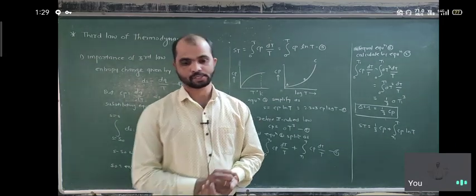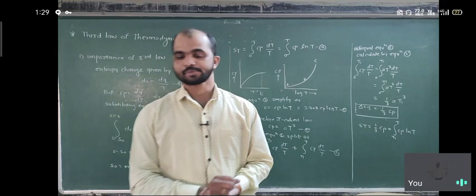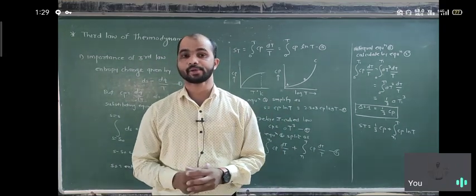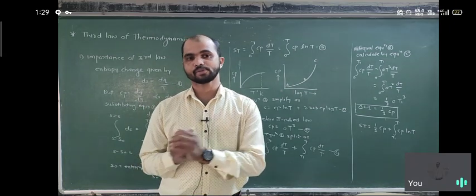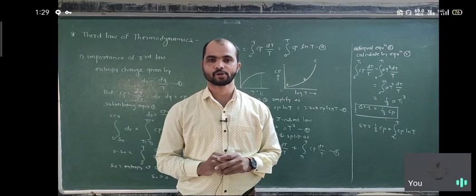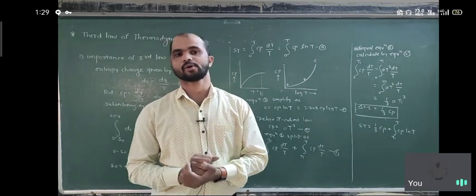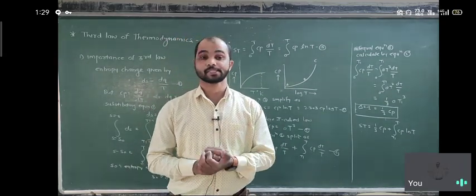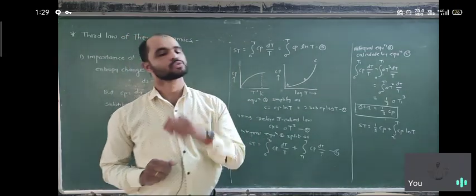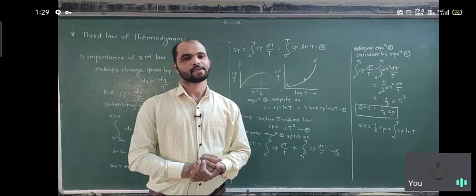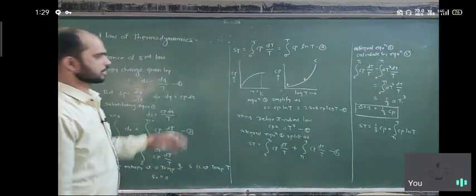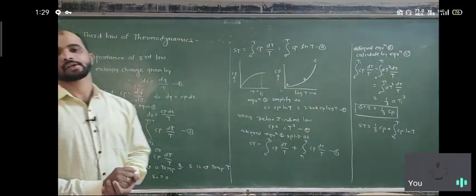All substances have finite entropy, but at absolute zero temperature perfectly crystalline solids have zero entropy according to the third law. म्हणजेच एंट्रॉपी ही झिरो असते जर टेम्परेचर हे ॲब्सोल्युटली झिरो असेल आणि तो जो सॉलिड असेल तो परफेक्टली क्रिस्टलाइन असेल. Okay, so here we are going to discuss the importance of the third law.